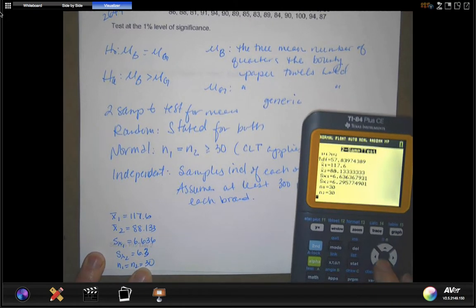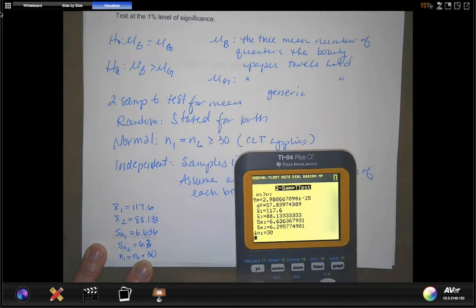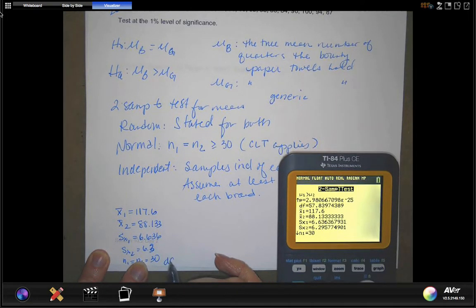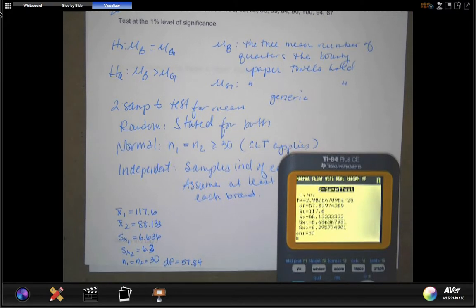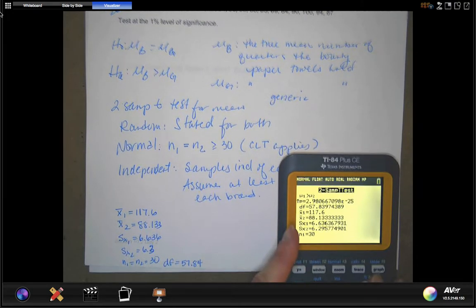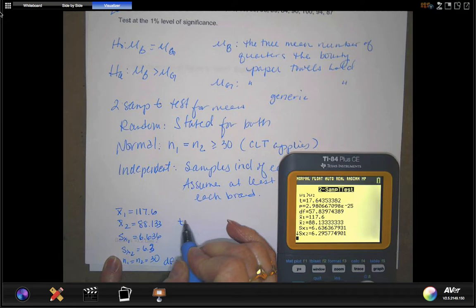Give me the degrees of freedom too. If you notice here, the degrees of freedom are those funky degrees of freedom. Actually, back in the confidence interval notes, you should give me the degrees of freedom too. The calculator is using the more accurate formula as opposed to using the conservative method.